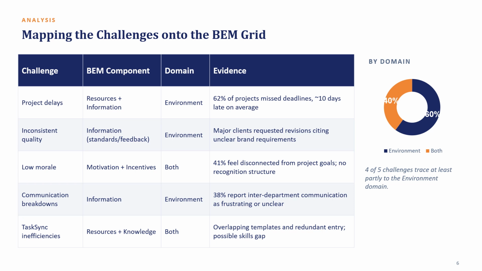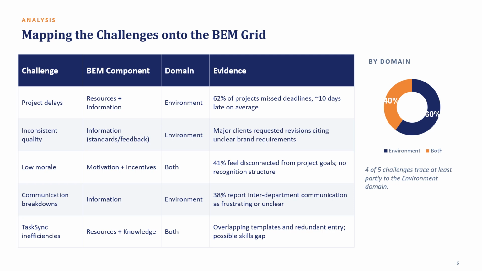The evidence is that 62% of projects miss deadlines. The second challenge, inconsistent quality, is mapped onto information under the environment domain, and the evidence is that major clients requested revision citing unclear brand requirements.